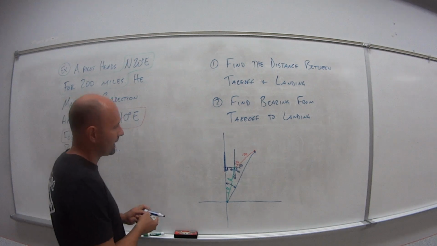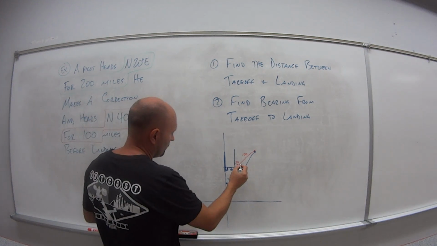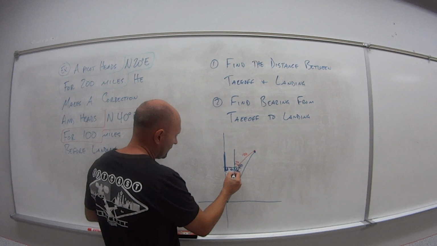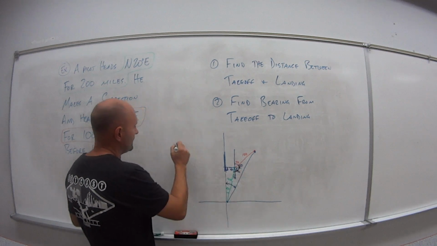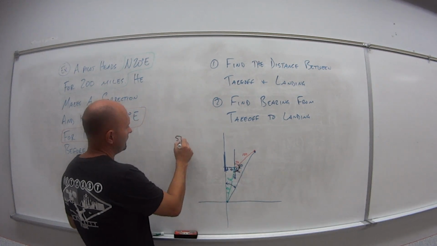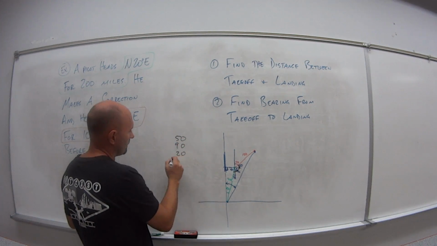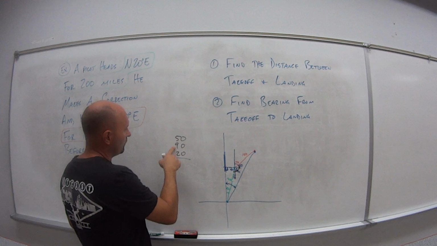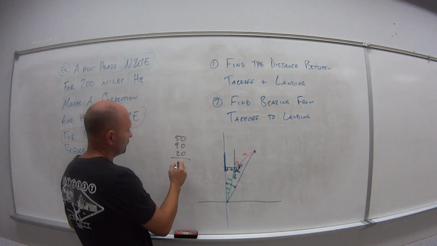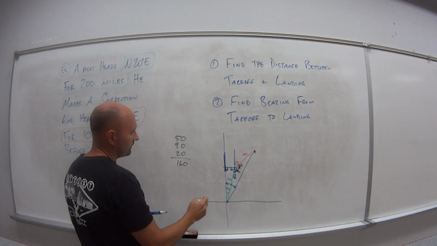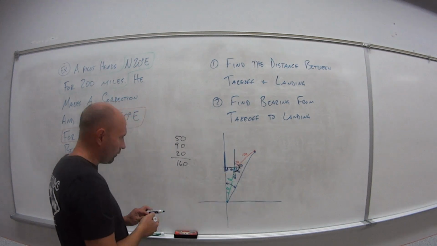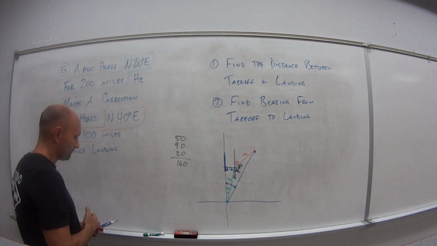So let me switch to black now. The black would be this entire angle between red and green. And so that's 50 plus 90 plus 20. If I add those up, it's 140 plus 20 is 160 degrees, that black angle between the red and the green.